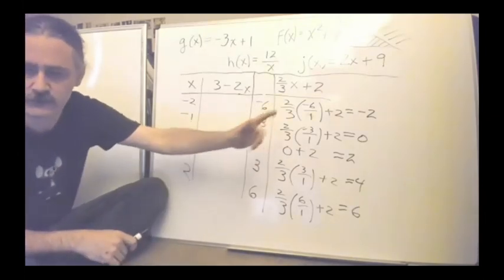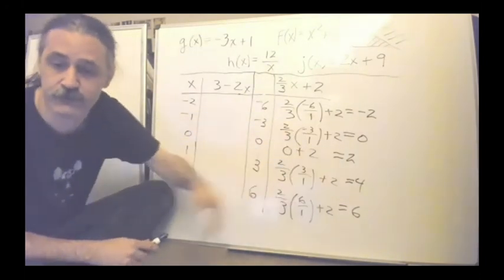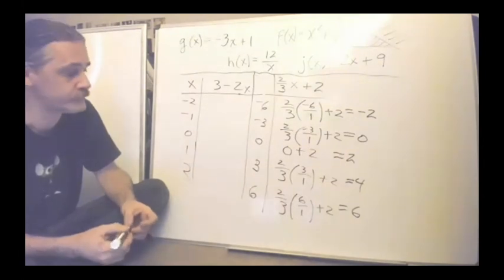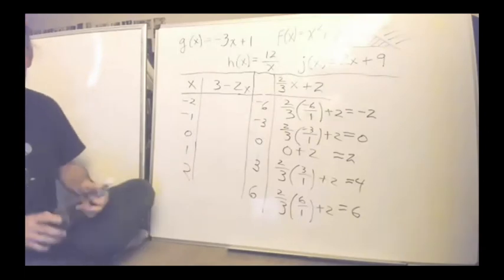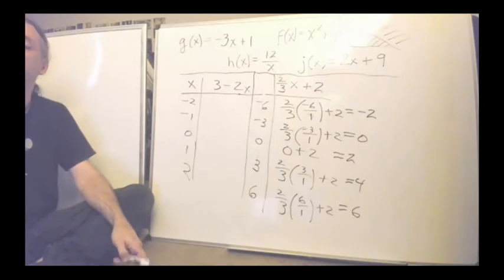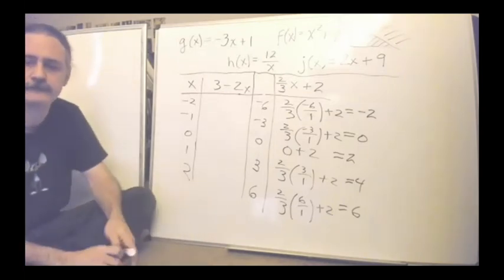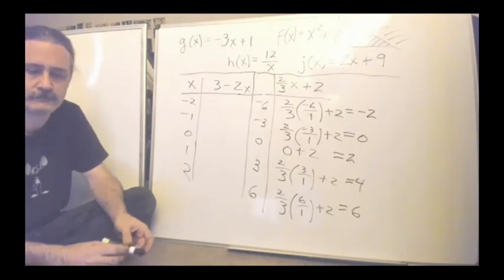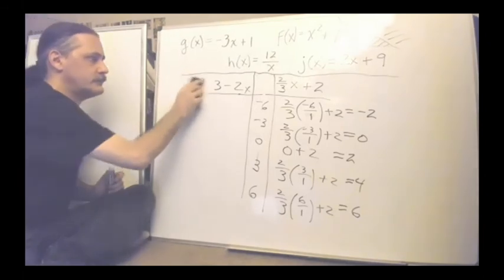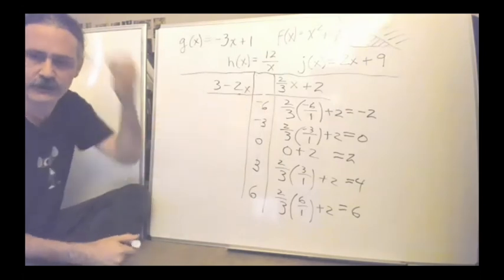So I'm going to sketch this graph, and notice that we have multiples of 3 for the x's and multiples of 2 for the y's. I'm not going to do the first one for you. It's a little easier than the one with the fraction.